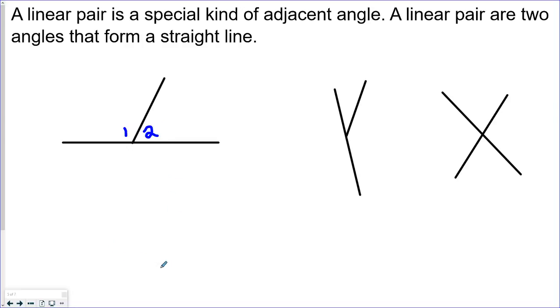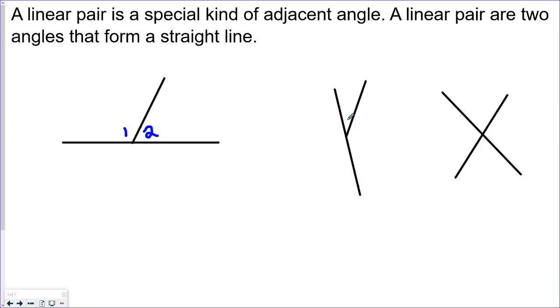So it's another way of naming angles if you have the option. In this case, angle 1 is adjacent to angle 2 because they both share this middle side here. And angle 1 forms a linear pair with angle 2 because if you notice, the bottom of angle 1 and the bottom of angle 2 put together form a nice straight line. So a linear pair is adjacent angles that form a straight line with their bases.